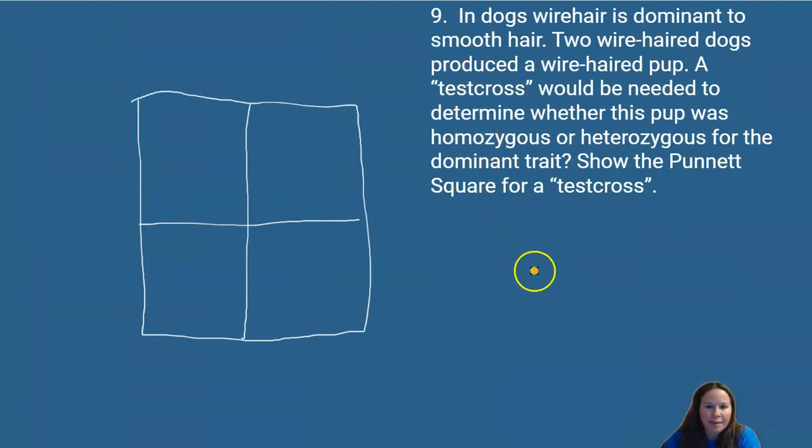Number 9, in dogs, wire hair is dominant to smooth hair. I'll use a big W for wire hair. Be careful when using letters like W's, because your little ones and your big ones could look about the same, so make sure to over-exaggerate the big one and the little one.